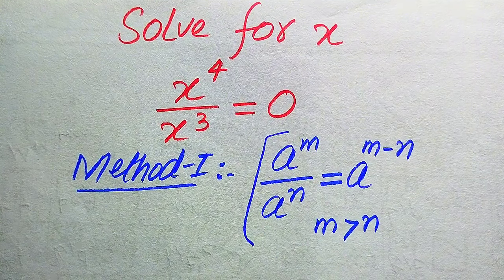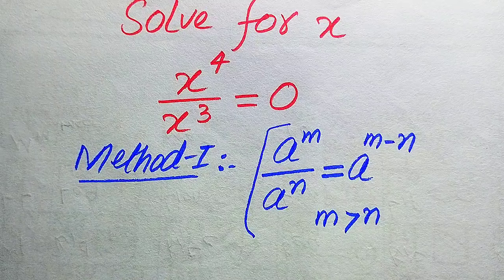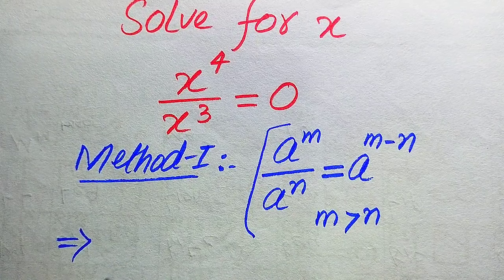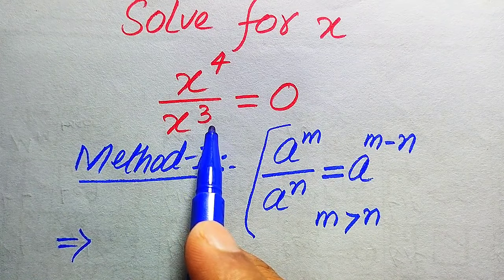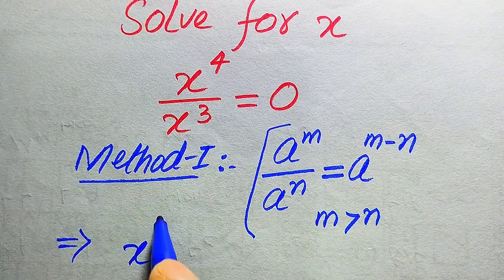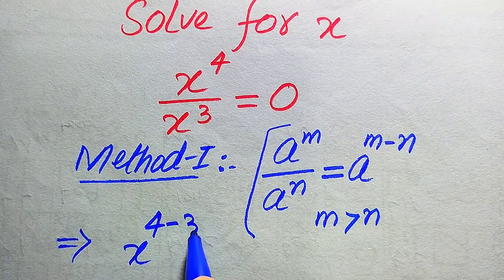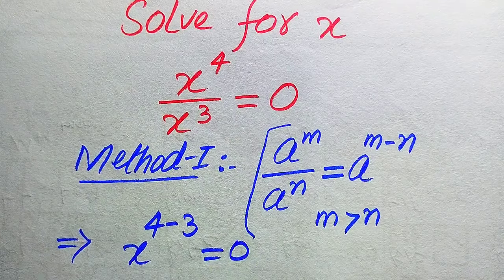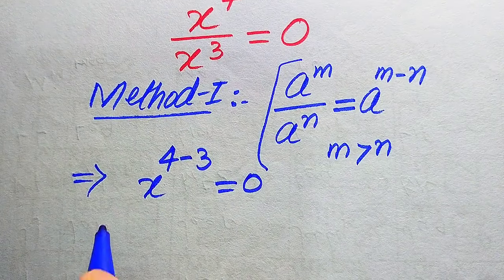According to this rule of exponents, here 3 is the smaller exponent, so we move it towards 4, and it is written as x to the power of 4 minus 3 equals 0.